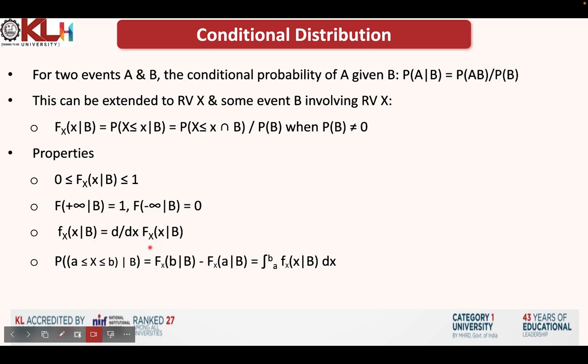And similar to the normal probability without conditioning, the probability for random variable x taking values between small a and b given capital B is equal to the CDF at b given the event B, minus the CDF of x at a given the event B, which can also be written in terms of the PDF, so integrating the PDF between a and b.